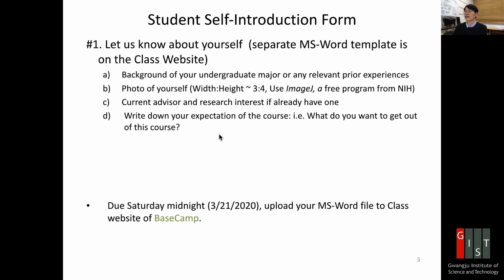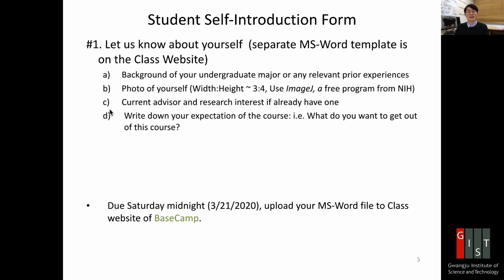Now, I want to explain the student self-introduction form to make this course really meet your own needs and reflect your own personal research interest. I prepared this. Let us know about yourself. The first is the background of your undergraduate major or any relevant prior experiences. The second is your nice picture so that we can remember who you are and easily recognize you.